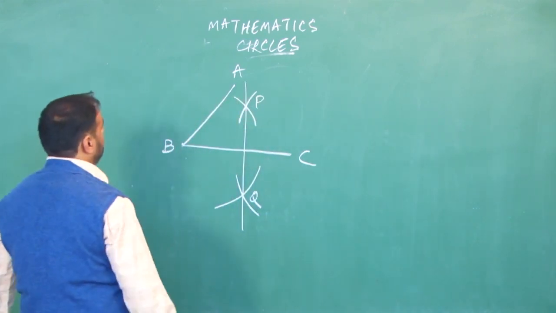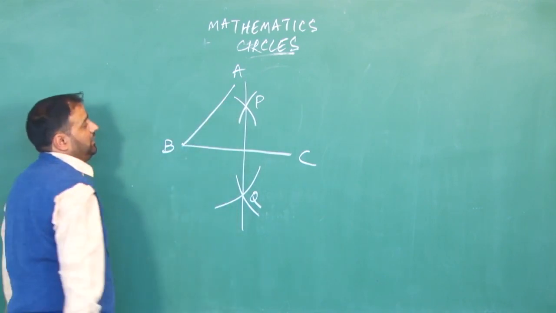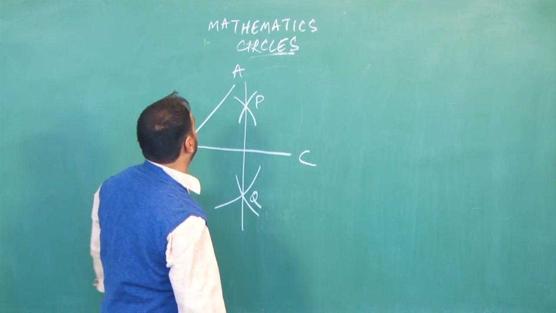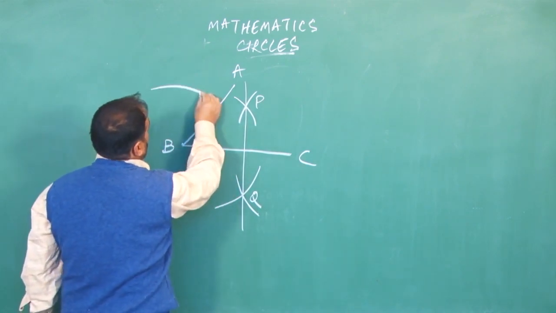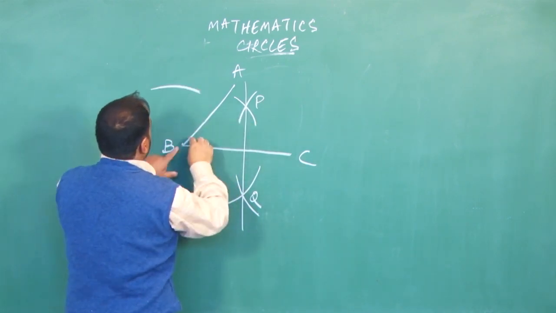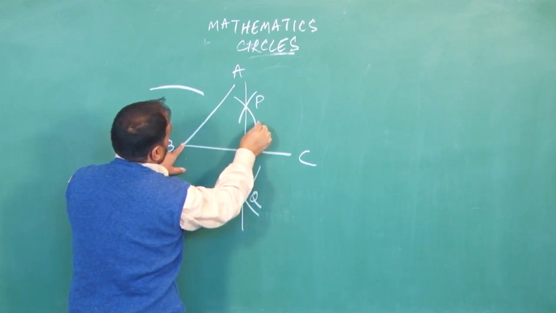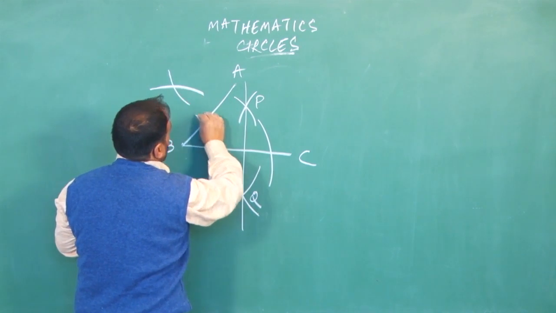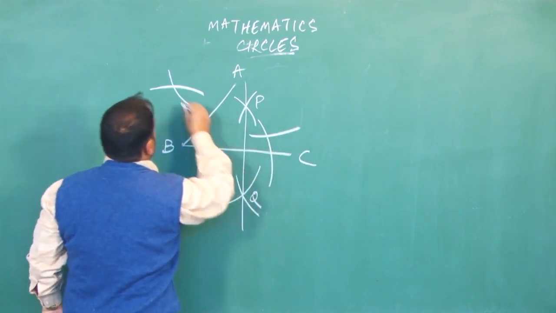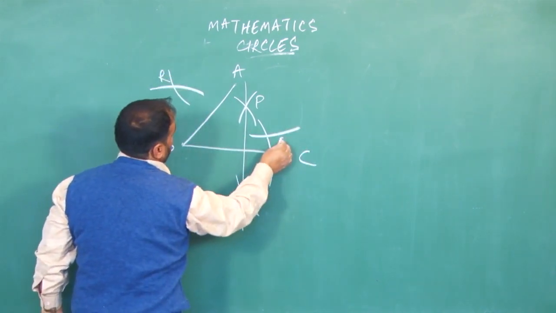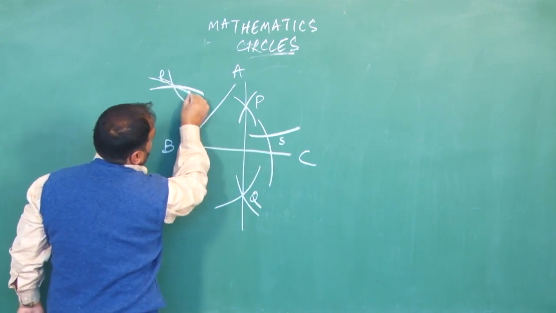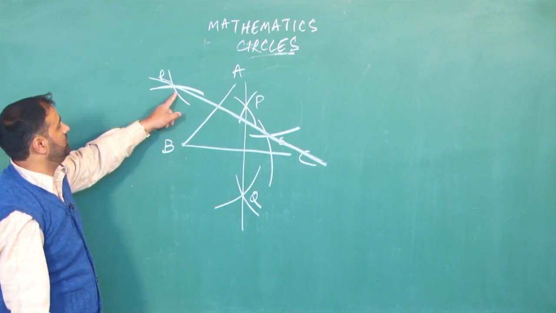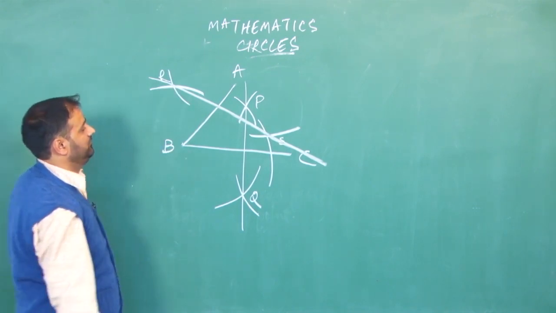And repeat the same for line segment AB. Taking A as center and radius more than half of AB, draw arcs like this. From B as center, this is the arc and another arc. From A, let's take this arc and this arc, and both arcs meet at, suppose, points R and S. Now if you join R and S, this is the perpendicular bisector for line segment AB.